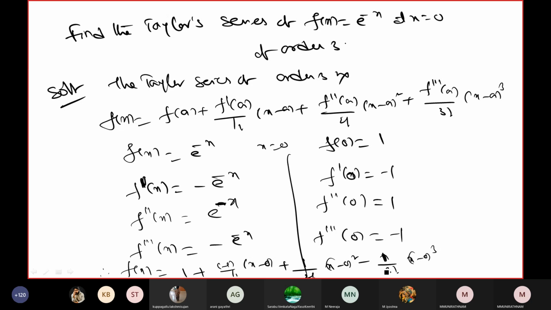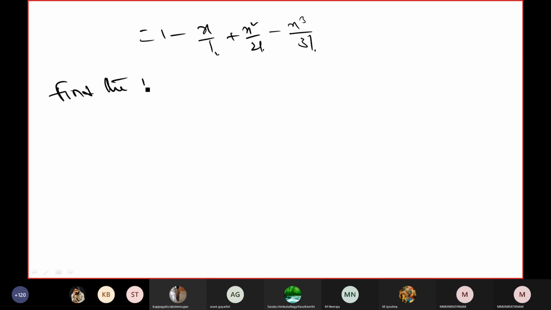Is it correct? So it is nothing but 1 minus x by 1 factorial plus x square by 2 factorial minus x cube by 3 factorial. Anyone having doubts?